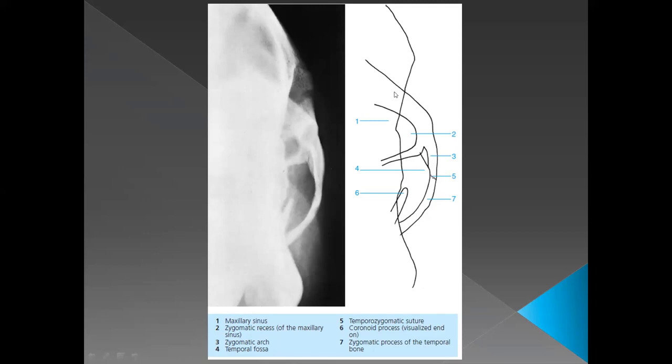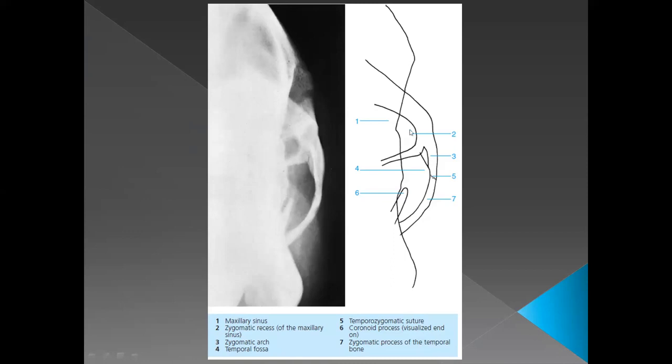Okay. All right. So what is the anatomy that you see on an underexposed submental vertex view? Since we are basically doing it for the zygomatic arch, I would advise you just to stick to the anatomy of the zygomatic arch in this case, because they've marked the maxillary sinus, but again, you can see that you cannot really visualize the maxillary sinus in this area.